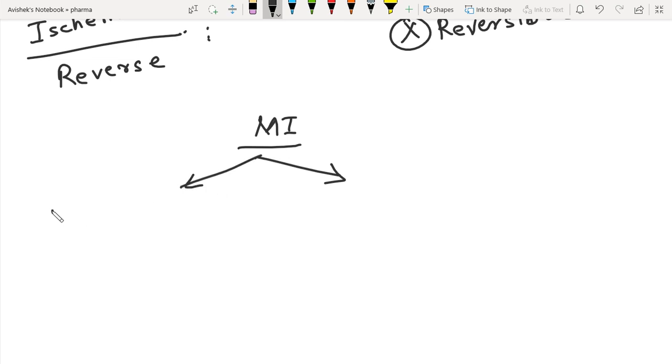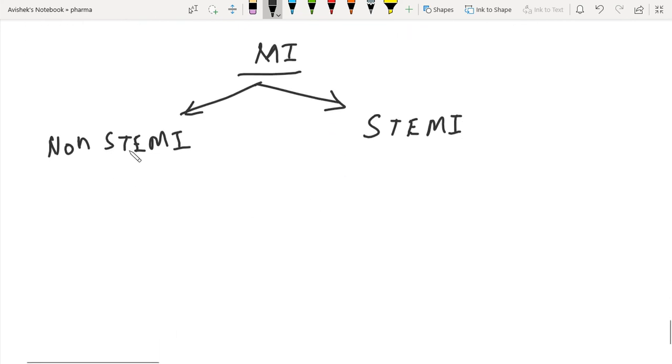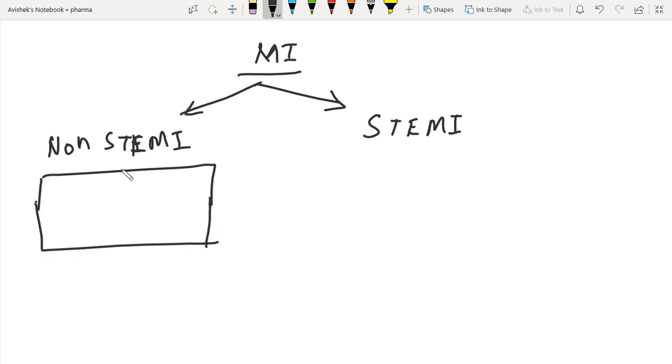we can classify into non-STEMI and STEMI. What does STEMI mean? ST elevated myocardial infarction in an ECG. This is non-ST, this is ST elevated.